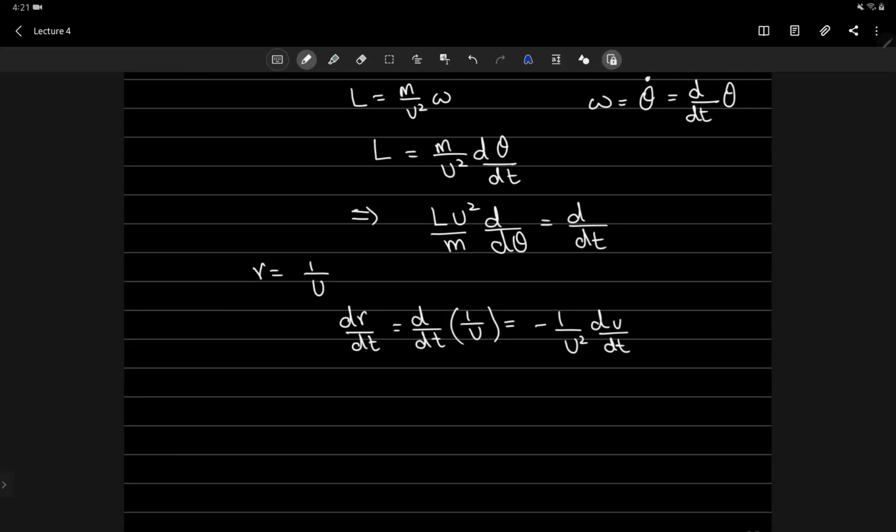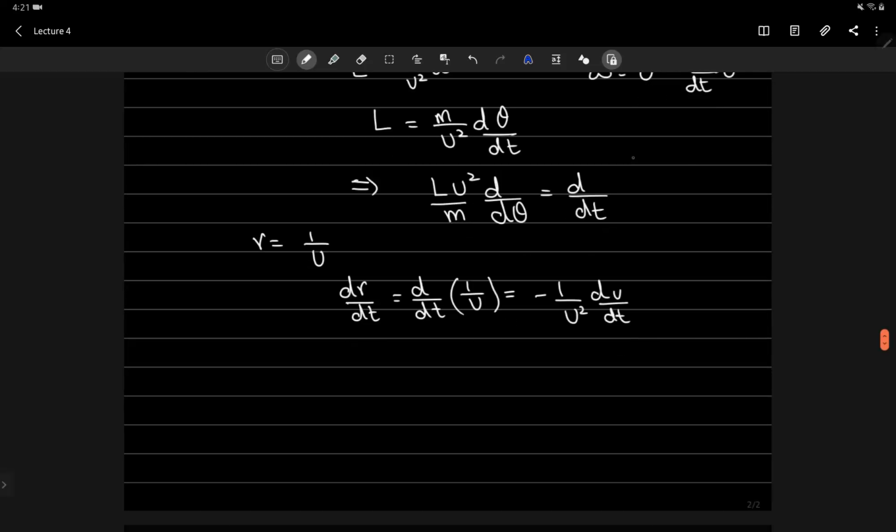But I know from this यहाँ पे कि d over dt मेरे पास L u squared over m times d over d theta है. So I can write down dr over dt as minus L over m times du over d theta.